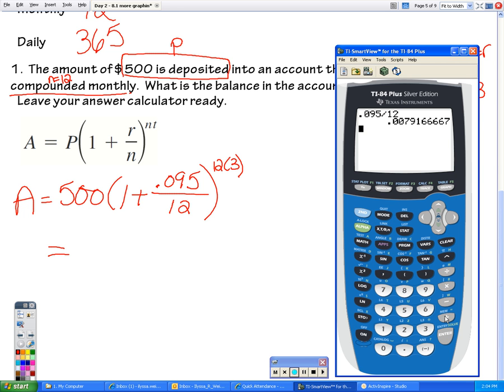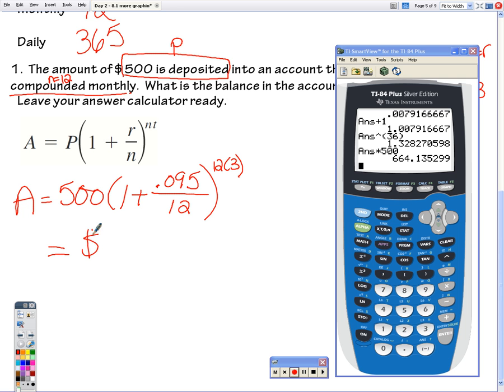Then I'm going to say plus 1, to the 12 times 3, well, that's 36, times 500. So at the end of the 3 years, we will have $664.14.